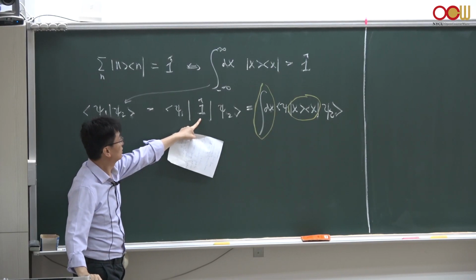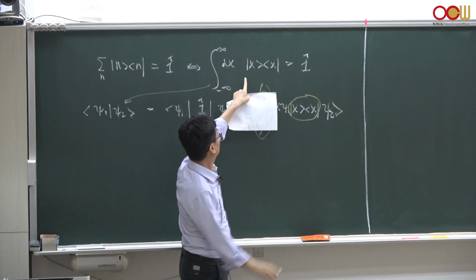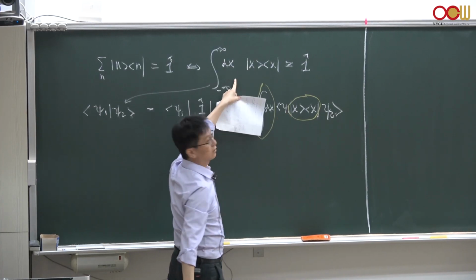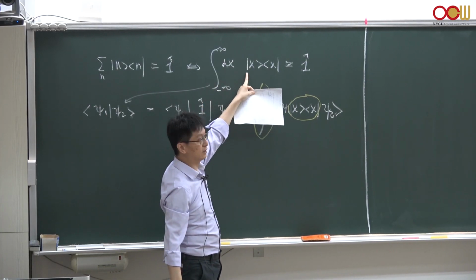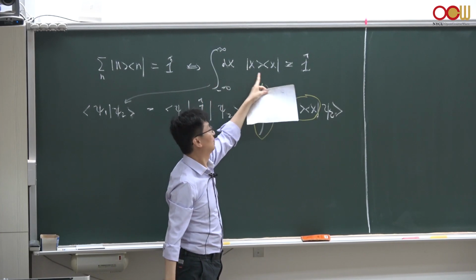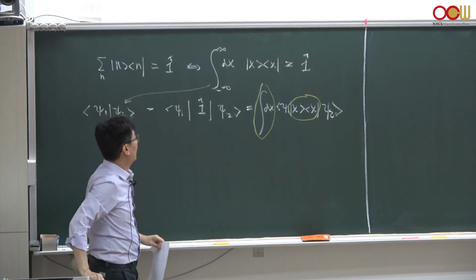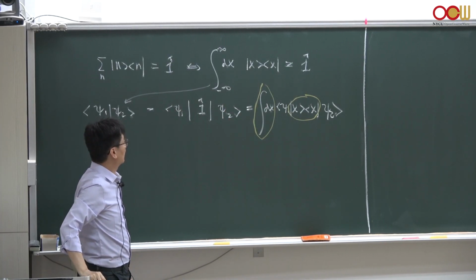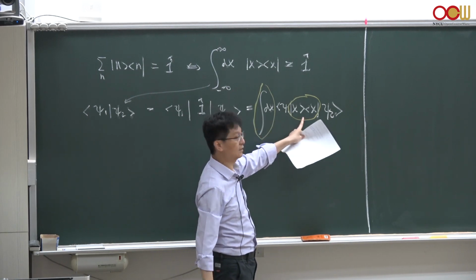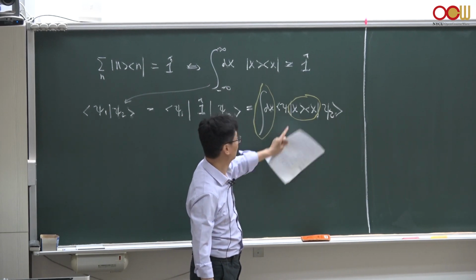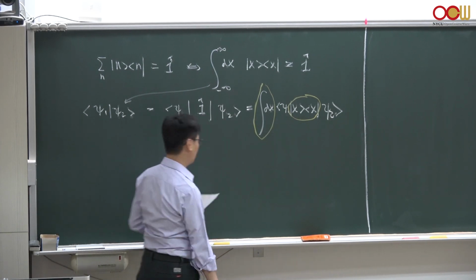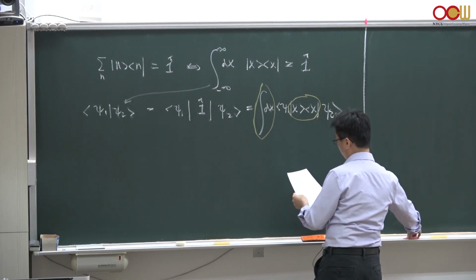This unit operator 1 is given by this integral over x, and inside the integrand is the matrix product of the eigenstates of the x operator. By definition, it is the integral like this.